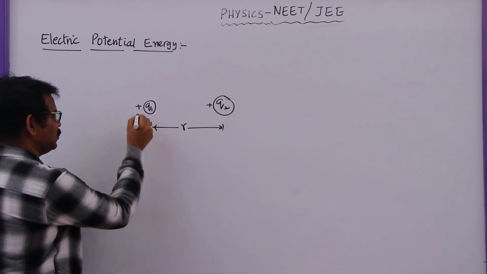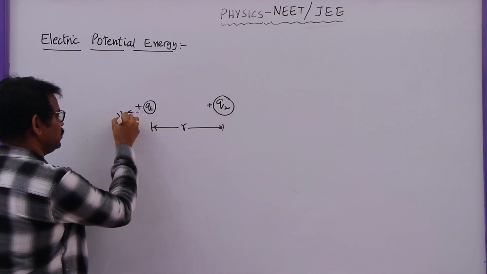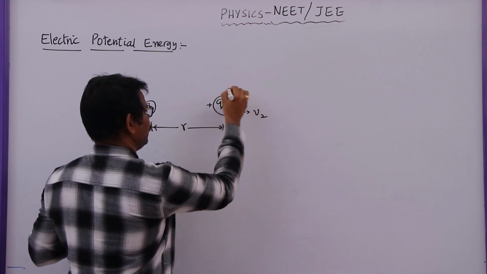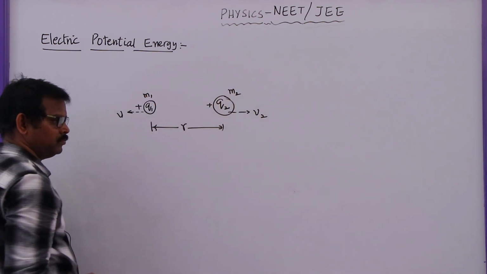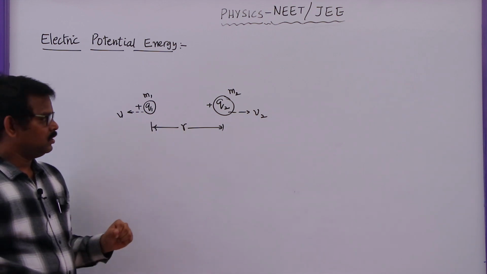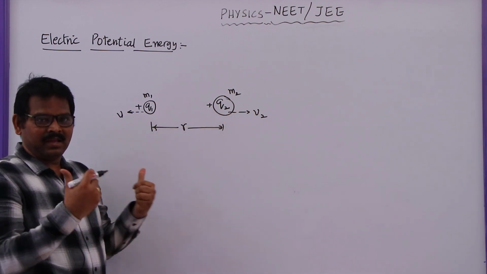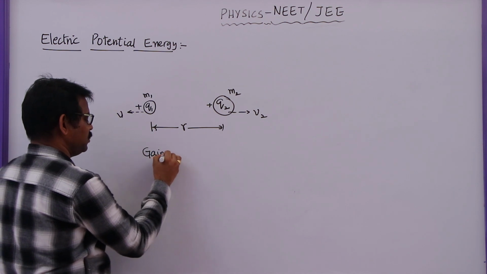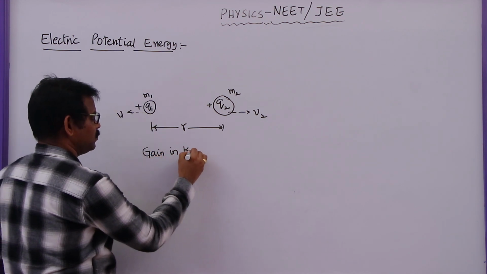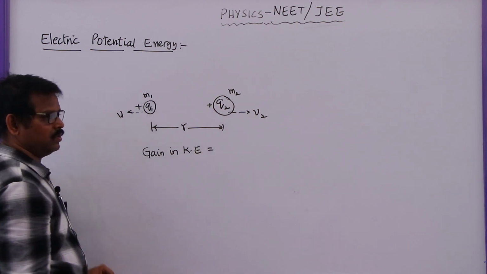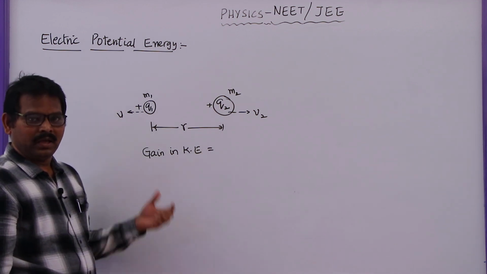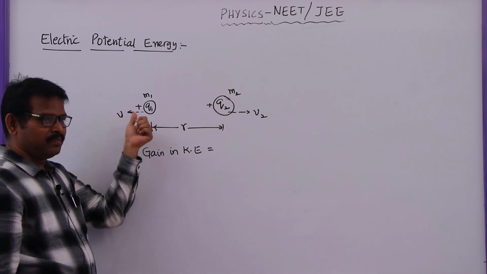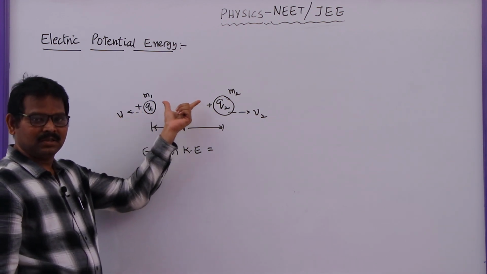Due to repulsion, this charge will get some velocity and even this charge will get some velocity, and let their masses be m1 and m2. In this case, these two charged particles are gaining kinetic energy. So gain in kinetic energy is equal to the initial energy stored in the system, because this energy must be given by some energy in the system.